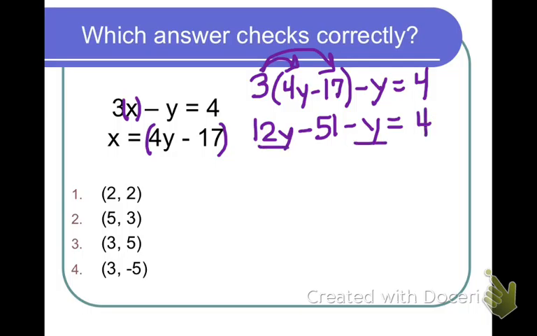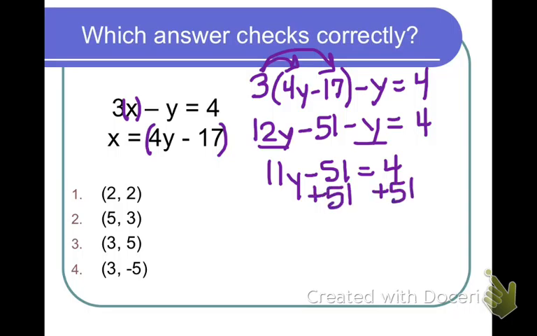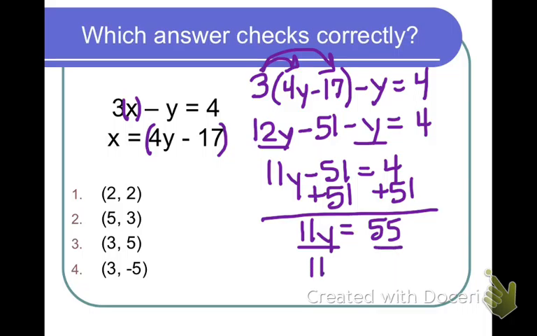Combine like terms, so the 12y minus y will be 11y. Then just solve for y by using an inverse operation. And finally, divide both sides by 11 to get y is equal to 5.